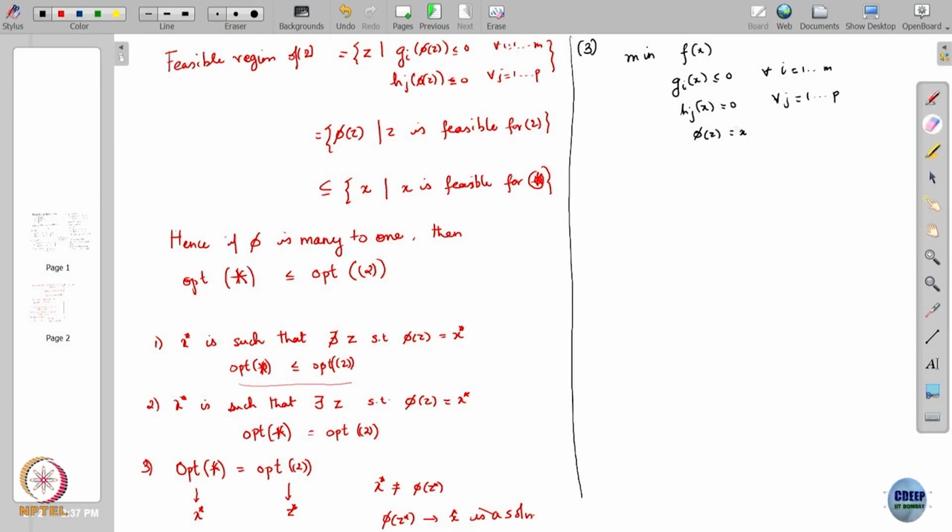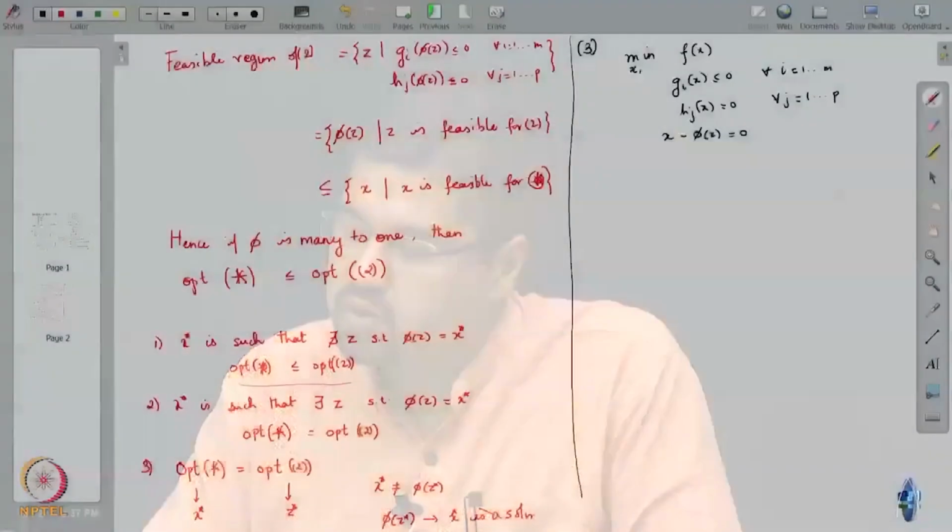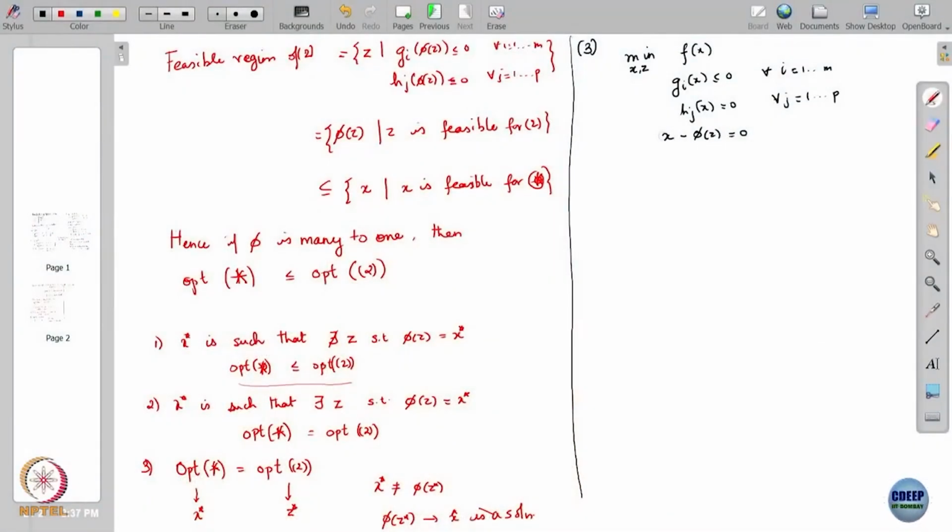Let me write it like this: x minus phi of z is equal to 0. So, x should be such that there is a z for which x is equal to phi of z. And now I am minimizing over both variables x and z.